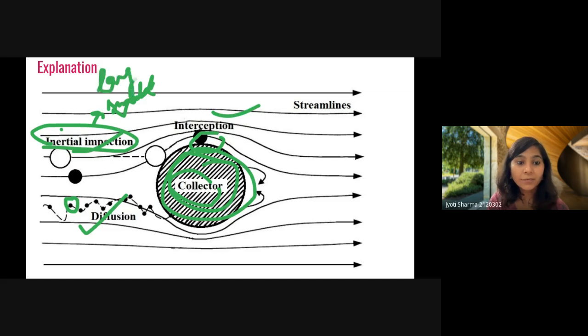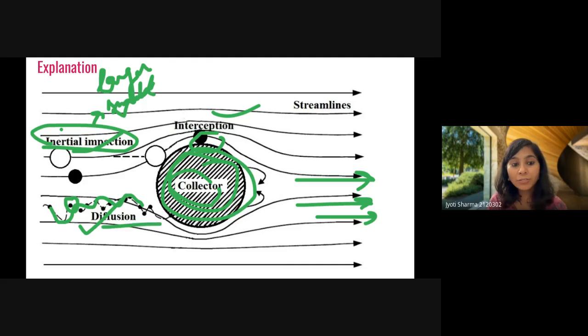Sorry for the misinterpretation. For inertial impaction we have a larger size, but for diffusion we have a very small size. In that case, whatever streamline flow we have, the particle will not follow that streamline flow path. So there is another terminology, which is diffusion.